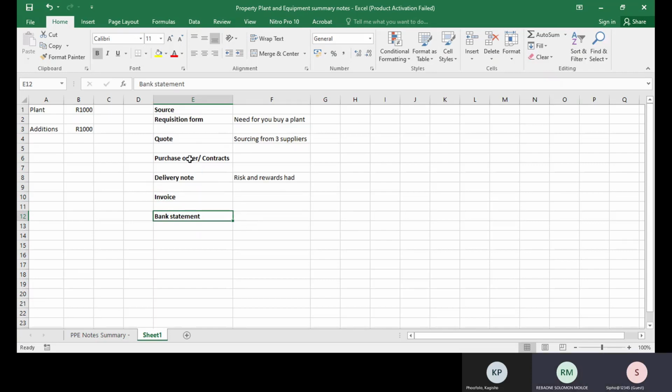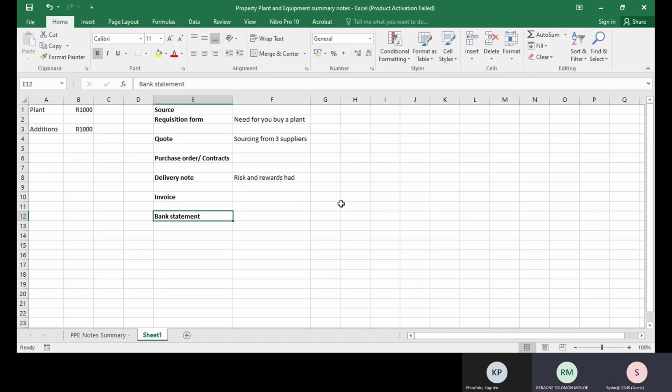So when you inspect these documents, the requisition, the code, the purchase order, you are basically proving whether the transaction for additions has occurred. That's the occurrence assertion. But in addition, you are proving the accuracy, the completeness, and all that. You follow it?